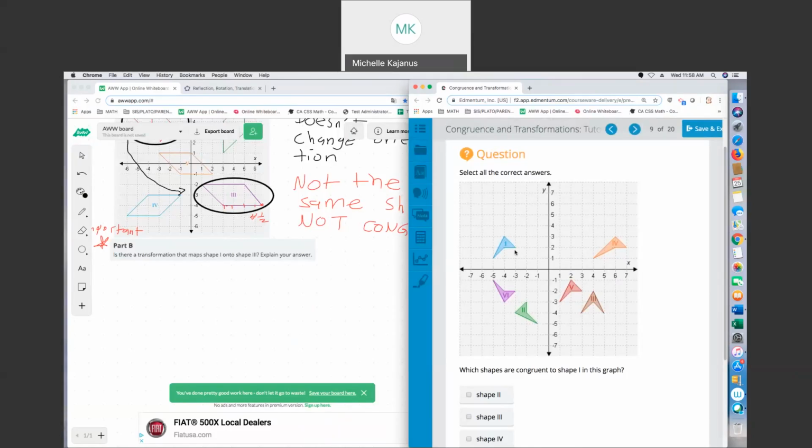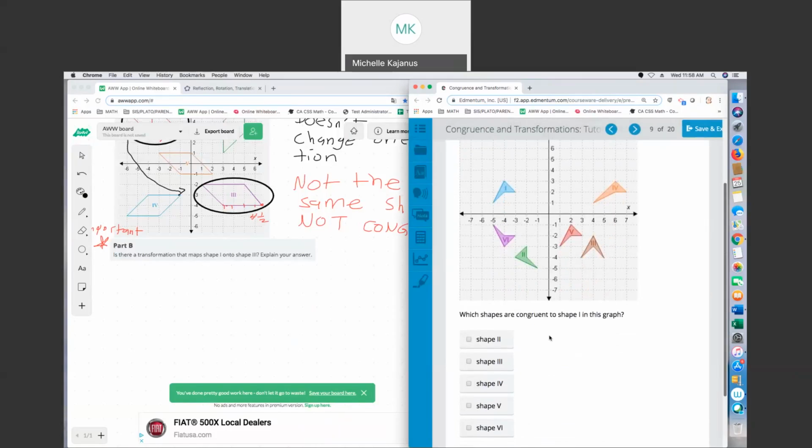They're not congruent. So 4, the one that's not the same. It's 1, 2, 3. 3 is completely different. 4, 5, 6. The rest look the same, just turned a different way.